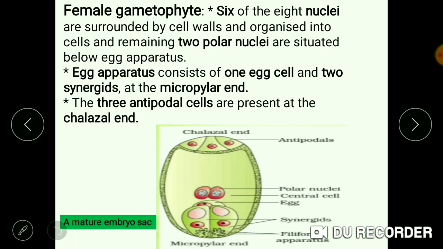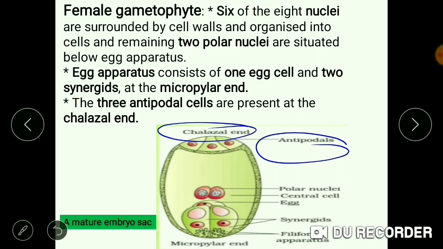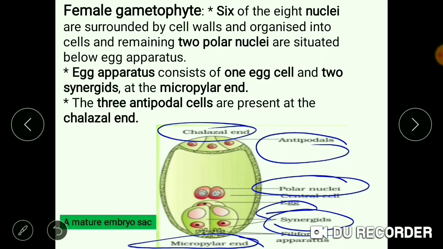So this is a mature female gametophyte containing antipodal cells at the chalazal end, while the egg apparatus is at the micropylar end. The egg apparatus consists of synergids and egg cell, and in the center 2 polar nuclei are present.